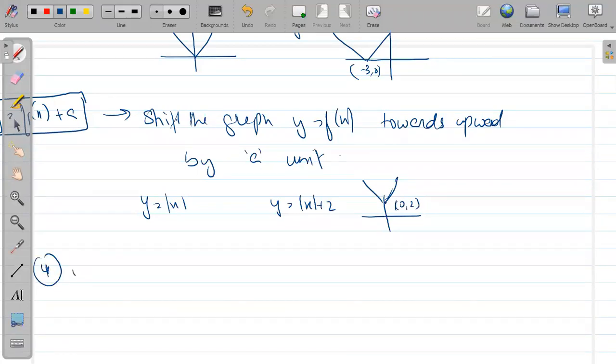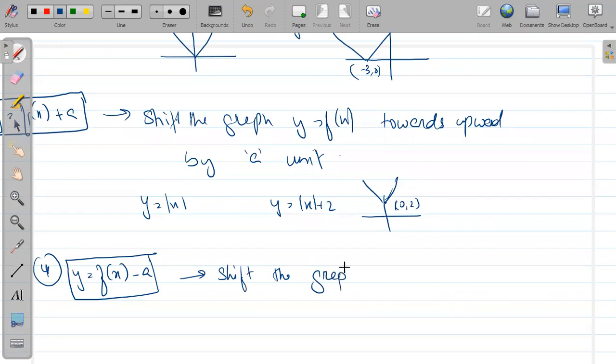Number 4. Y equal to f of x minus a is there. To shift the graph y equal to f of x towards downward direction by a unit.